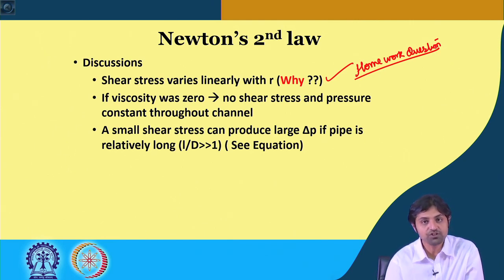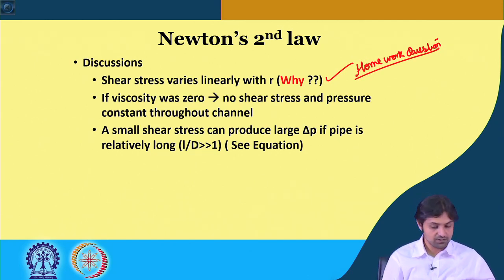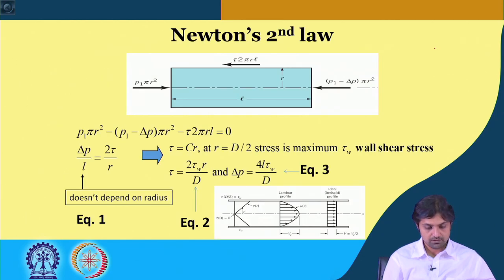Secondly, if there was no viscosity, let us say if it was 0, then there would be no shear stress and pressure would have been constant throughout the channel. That is true, because there would be nothing that would cause the pressure to work. Therefore, a small shear stress, you see this, delta P is 4L tau W by D, right.